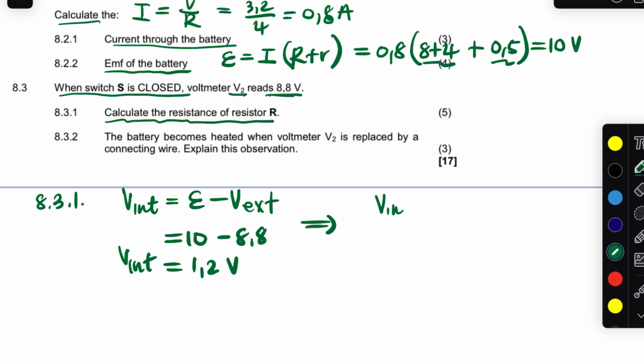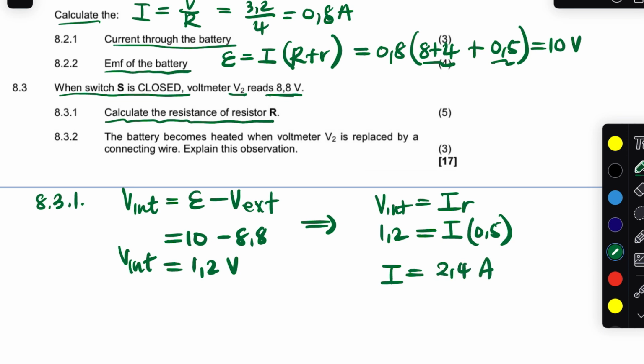I'll say V internal is equal to I times R, and the V internal is 1.2, divided by the internal resistance there. When you punch that in the calculator, it will give you 2.4 amperes.